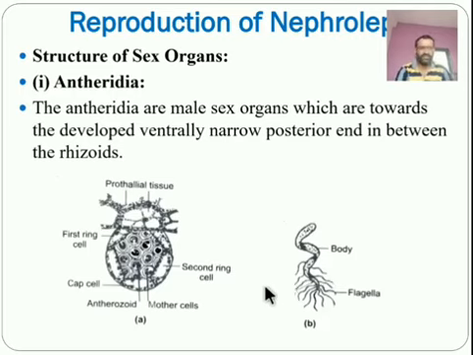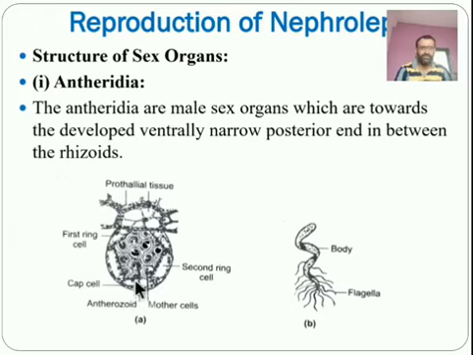Under humid conditions, the antheridium absorbs water, and the mucilaginous content swells, and as a result the lead cell comes off, and the antherozoids coated with mucilage are liberated. The lead cell is nothing but the cap cell.